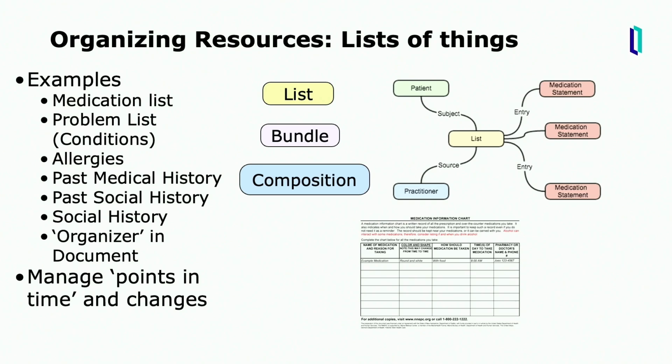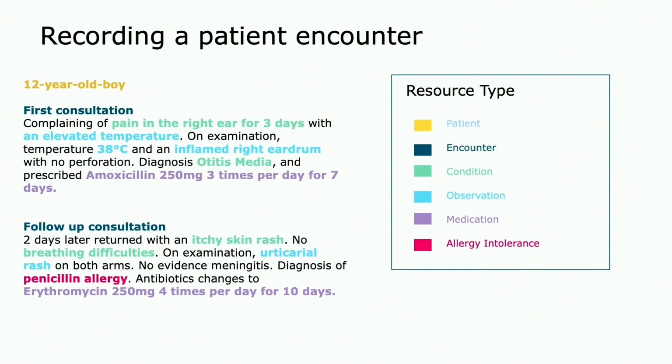This is a story of a child, 12-year-old, who goes to a PCP with an ear infection and then has an allergic reaction to the amoxicillin they're given and goes back for a second visit. So everything in these two visits could be coded as FHIR resources, and they're color-coded in this little story. This is the idea of creating documents out of FHIR data so that you can exchange them and compute with them.